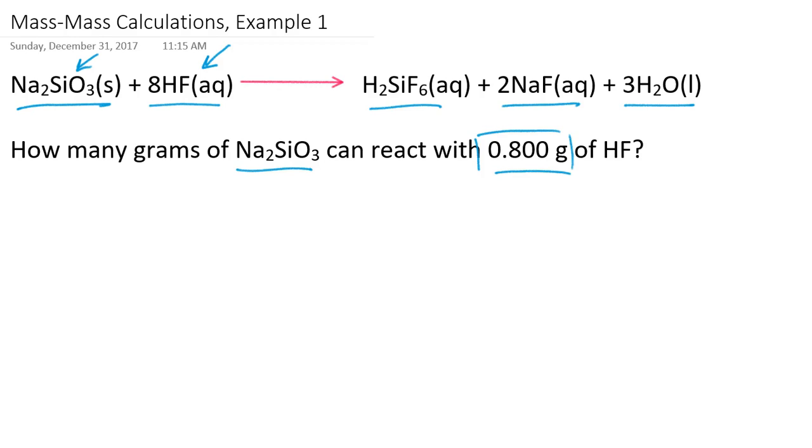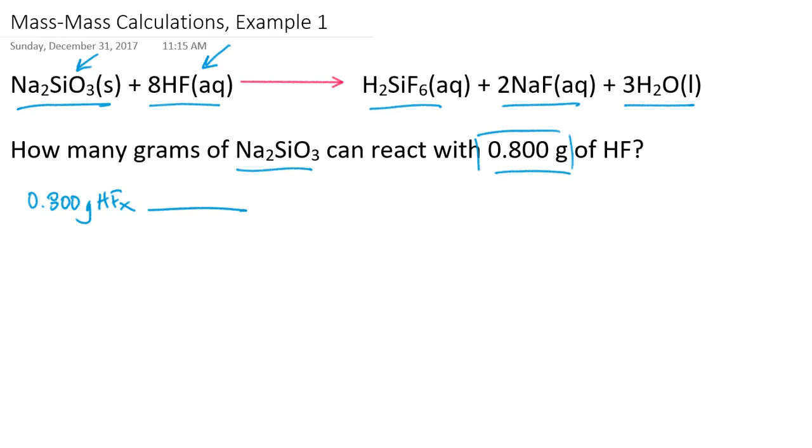And so the way to begin is to go ahead and rewrite the starting information, and I'm going to set up a conversion factor. Now, the goal to any stoichiometry problem, and a mass-mass problem is a type of stoichiometry problem, is to be able to use mole ratios. And the only way that I can use mole ratios is if I'm working with moles of substance, not grams of substance.